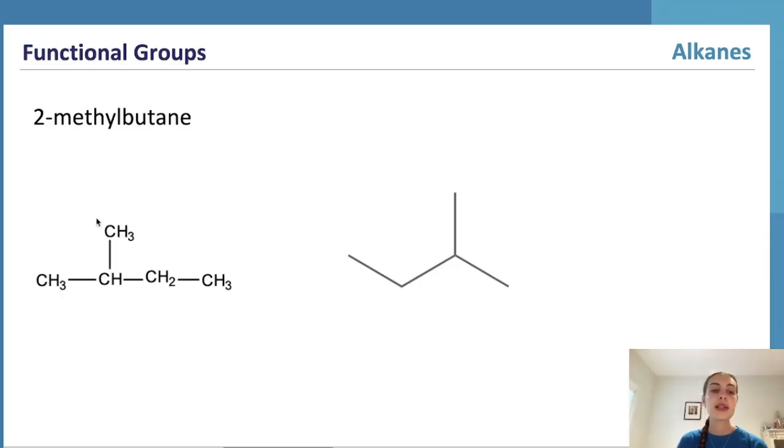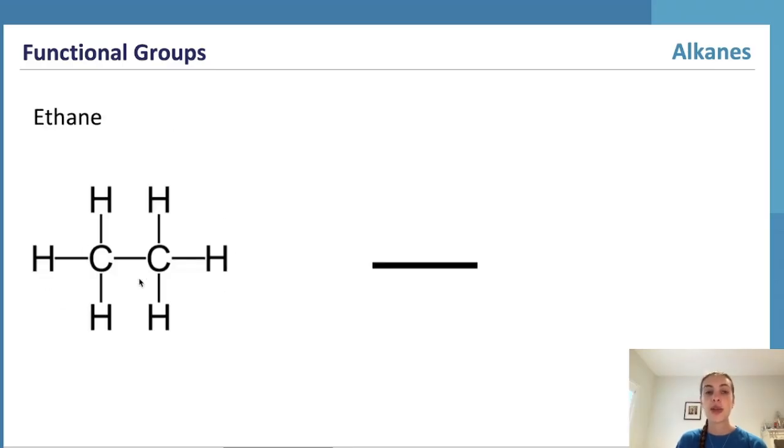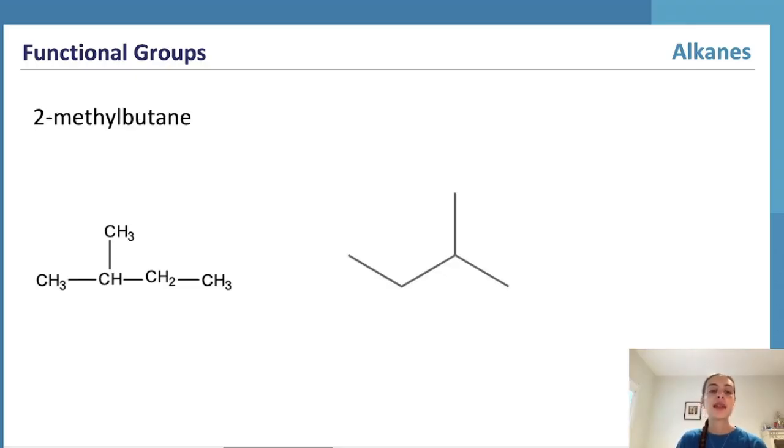We can see this structure on the left here. The way this is laid out is a little bit different from the one we saw with ethane, where we specifically had these sticks and letters to show the exact layout of the molecule. With this one here, we've got a slightly condensed structural formula, so you will commonly see these ones as well.